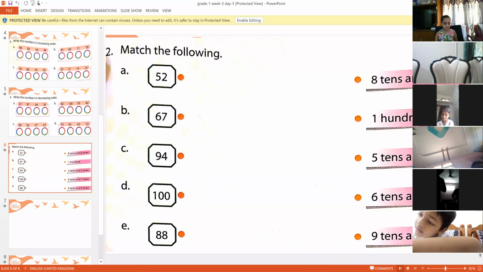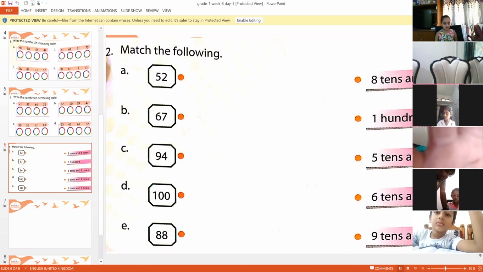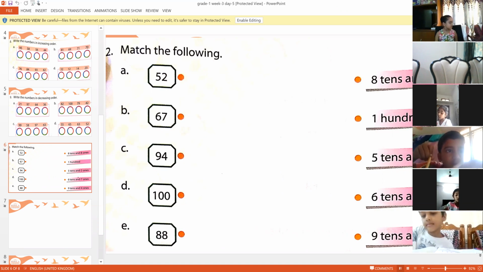Sudhamsh, you tell me how can we write the number 52? What is the number in ones place and what is the number in tens place? 5 tens.